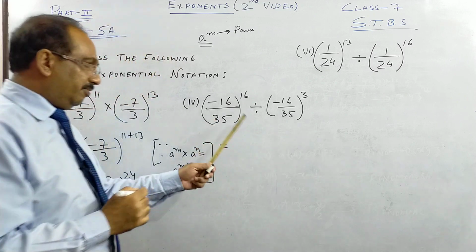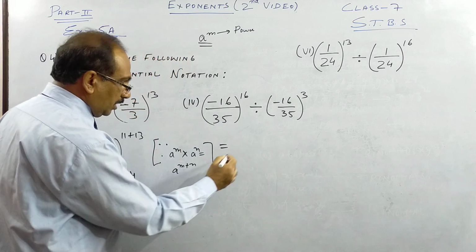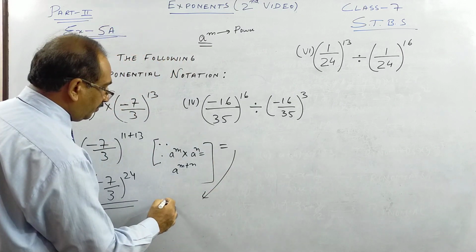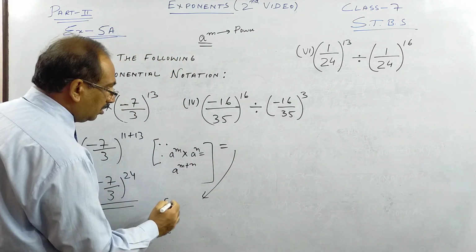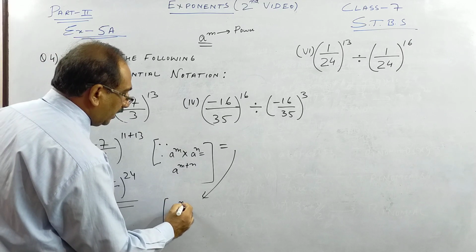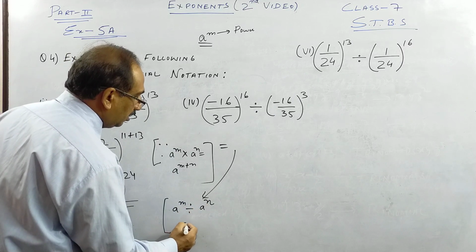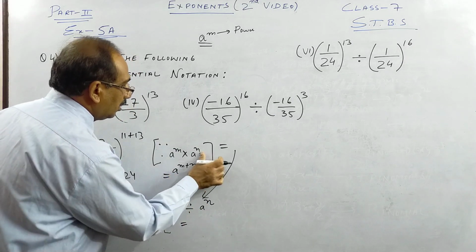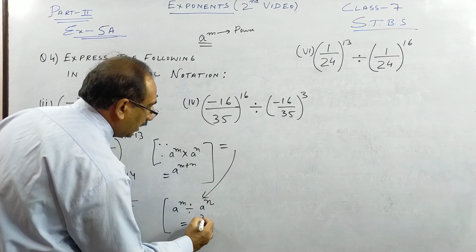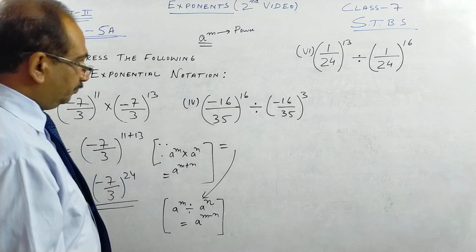Next, we have division. For division, I can tell you the same formula: a to the power m divided by a to the power n is a to the power m minus n.